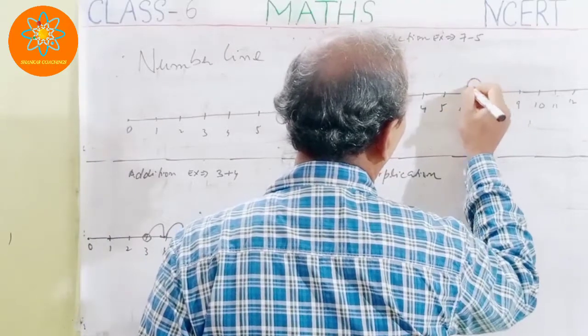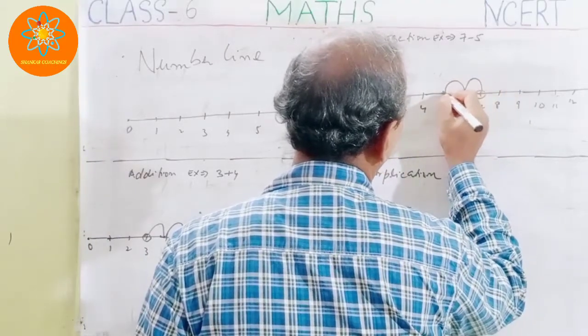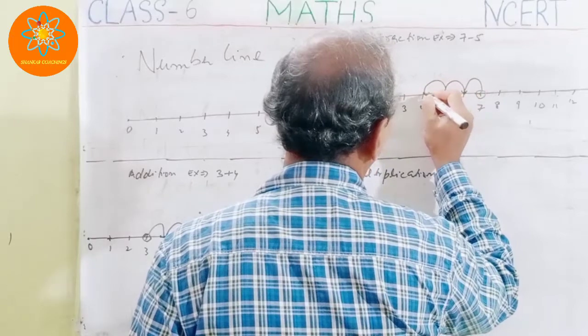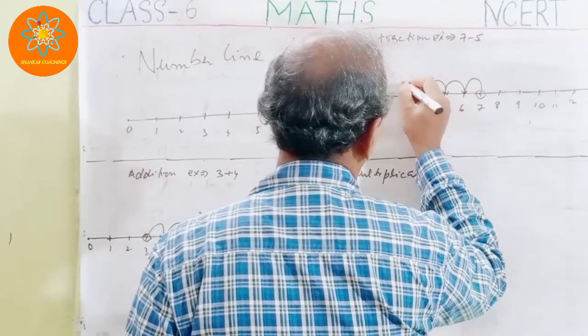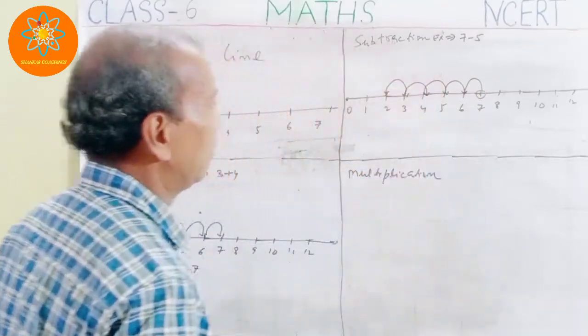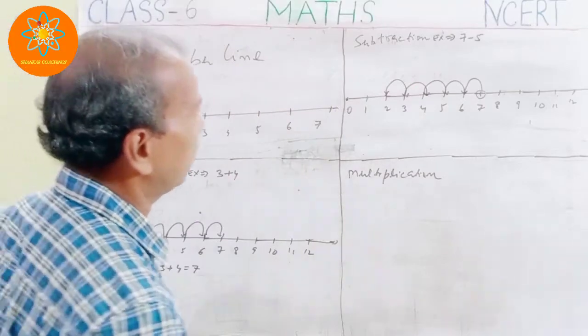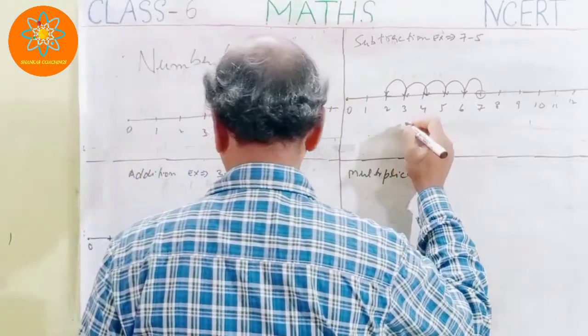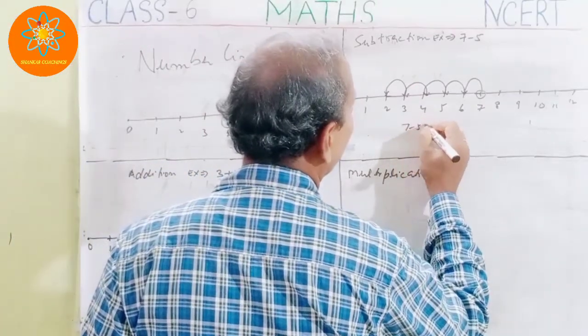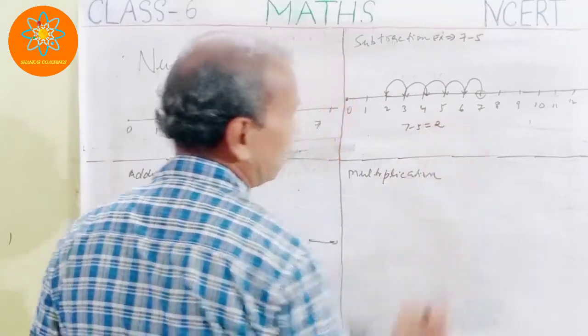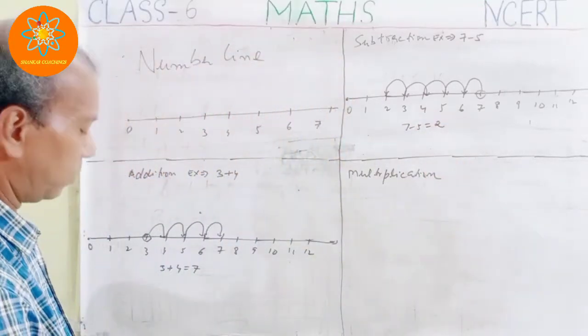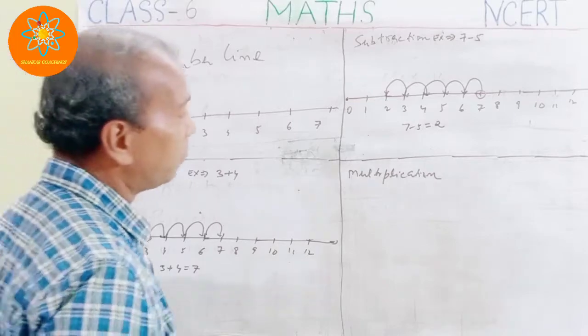So this is 1, 2, 3, 4 and lastly 5. So that means 7 minus 5 is equal to 2. So this is the case of the subtraction. Now come to the multiplication.